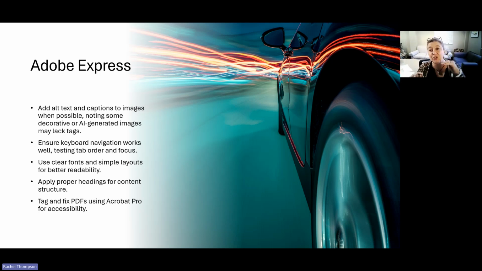It has a heading 1, heading 2, paragraph, and some list tools. Those are great. One thing to note is that Adobe Express does not export a tagged PDF, in my experience. So if you are making something in Express and you need to generate that as a PDF, take it to Acrobat Pro and tag your PDF there.